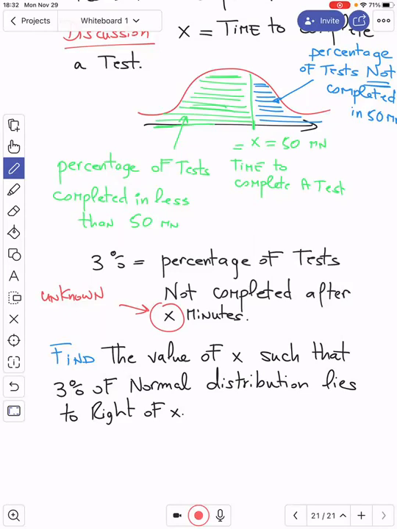And that's exactly what we did in the previous example.